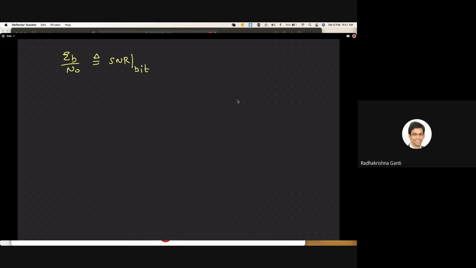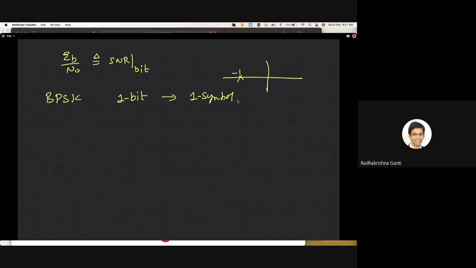So what does this mean? Let's take BPSK. In BPSK, one bit is mapped to one symbol. Essentially we had minus 1 and plus 1. Bit 0 was mapped to one point, bit 1 is mapped to the other.